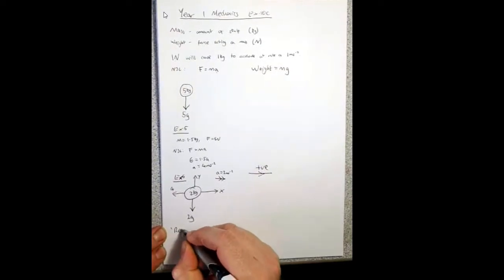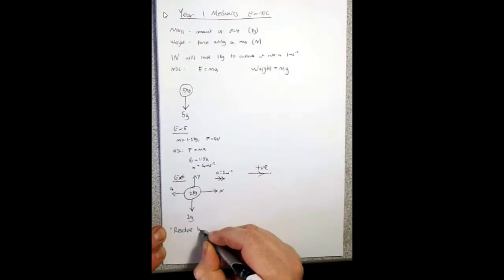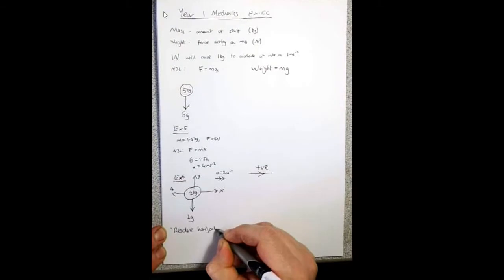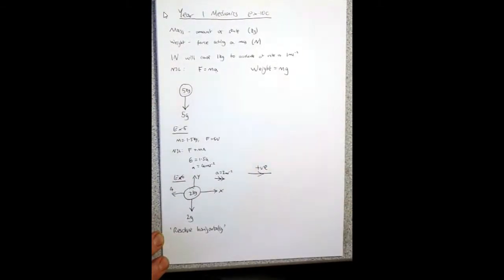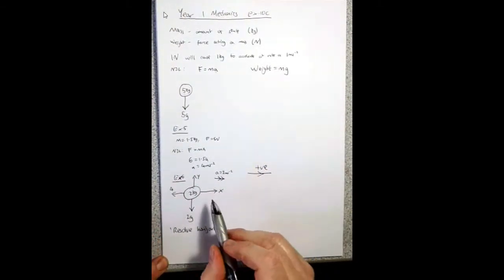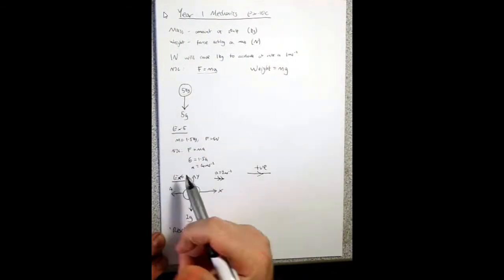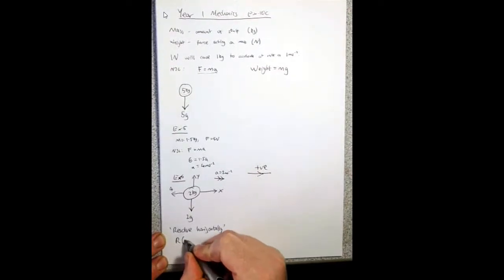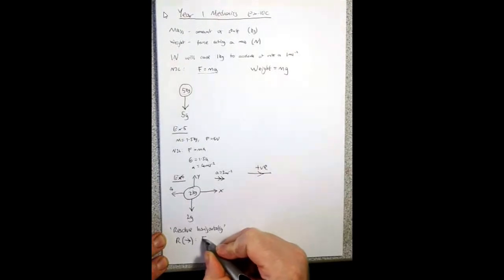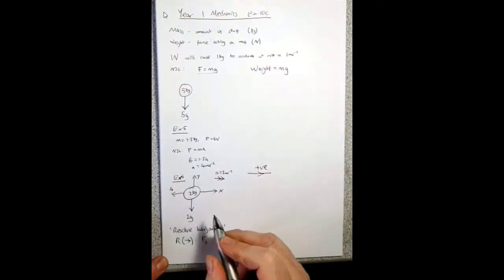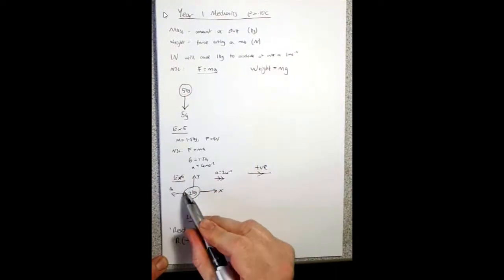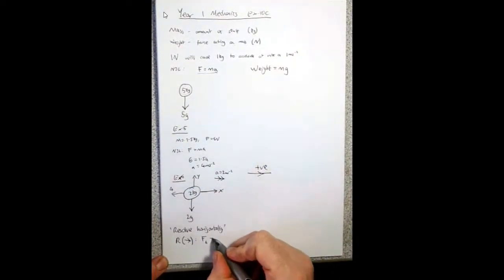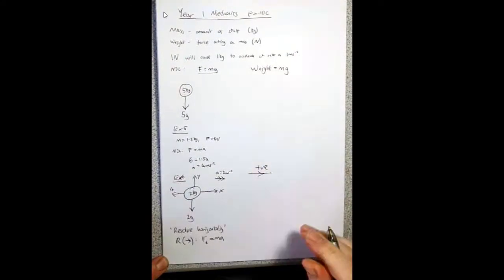Okay, what I'm going to do, and get used to this, we do this a lot, I would say, resolve horizontally. That's how I'd say it. What I mean is apply Newton's second law in the positive horizontal direction. And I write, I'm going to resolve horizontally. And as a reminder, the subscript T means total force, because I've actually got 2 horizontal forces.